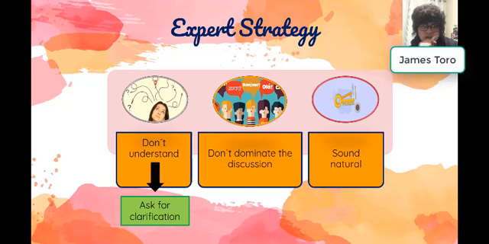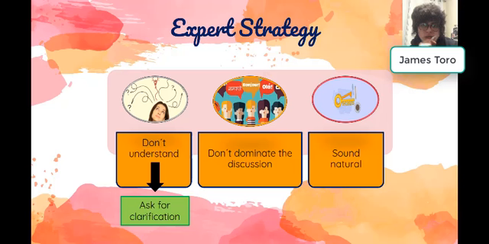Here we have some expert strategies in order to optimize our time and be prepared. The first advice is that if you don't understand the question, you must ask the interlocutor to repeat it, but do it quickly because you don't want to lose time. The second one is to give your opinion and your reasons for these ideas.